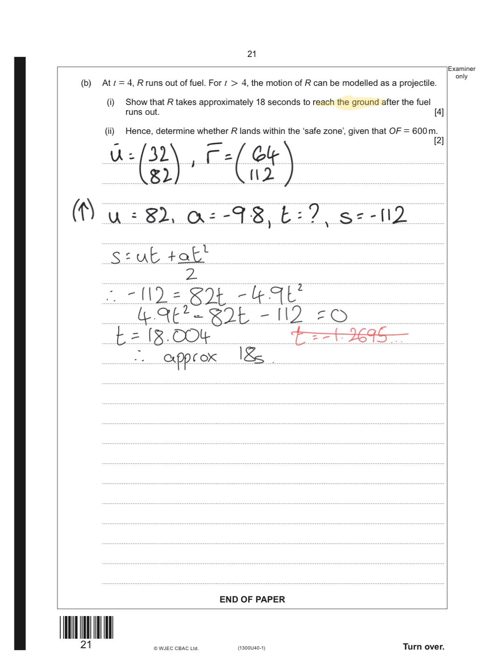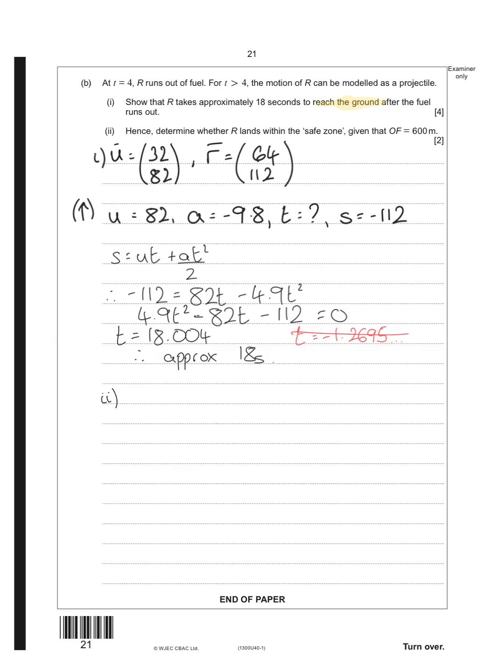Hence determine whether R lands within the safe zone, given that the safe zone is 600 meters. I forgot to say this is part 1, and let's do part 2. What we really need to know is how far it travelled in those 18 seconds.